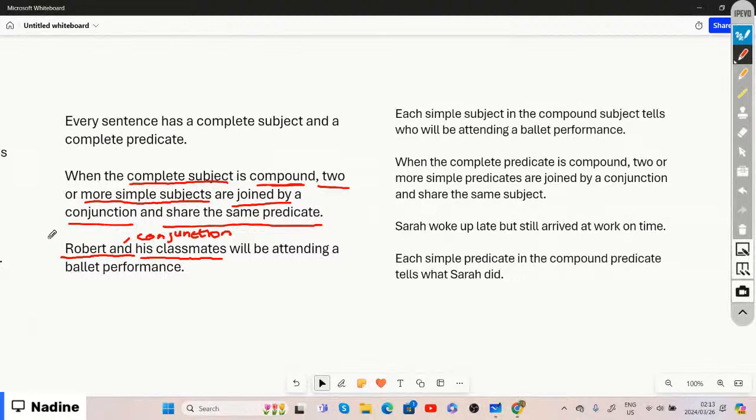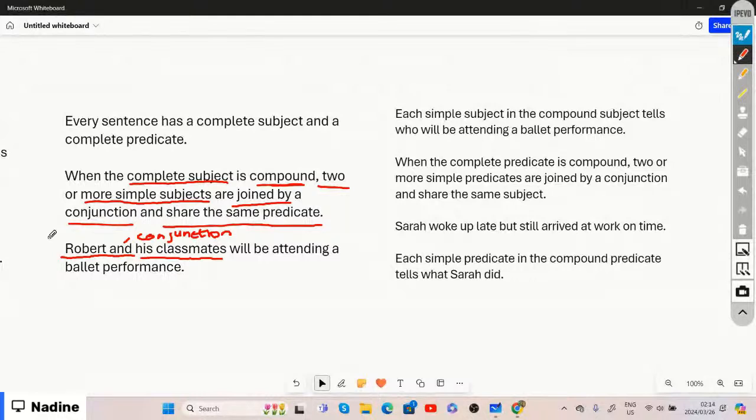So it is Robert and his classmates. Each simple subject within that compound subject tells us who will be attending a ballet performance, which is Robert and his classmates. Those are the two subjects that tell us who will be attending the ballet performance.